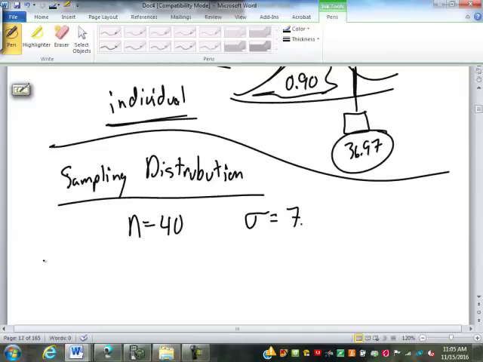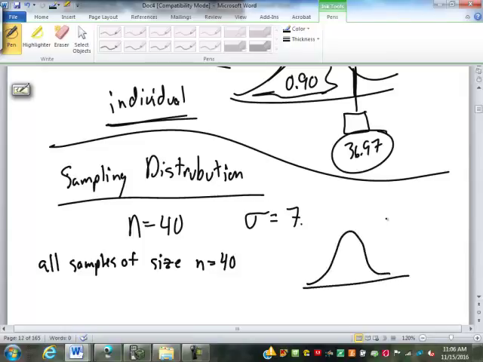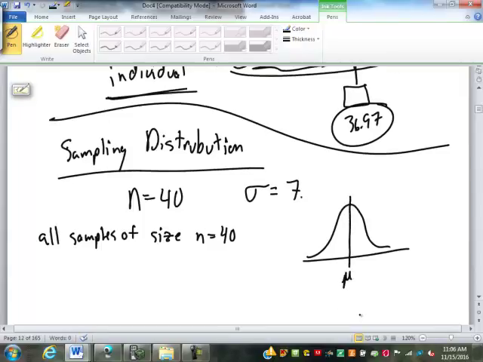So let's say we take all samples of size n equals 40. And we're looking at their means. Again, their means are going to form a bell curve if I distribute them. And that's what we're talking about. The sampling distribution is the distribution of all those sample means put on a bell curve. The center of this would be the mean of the population. That is, remember, what we call the mean of the sample means is equal to the mean of the population, the individual values of the population.